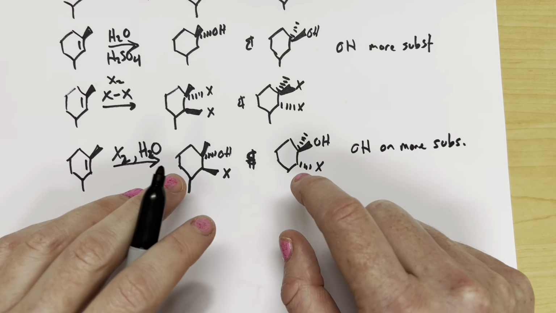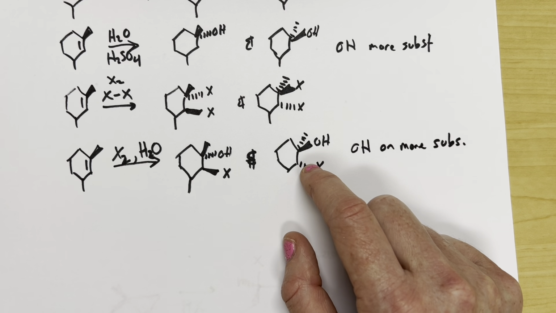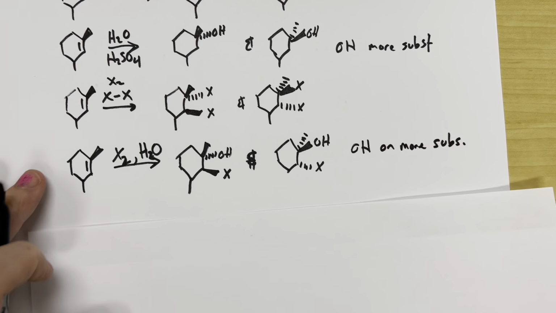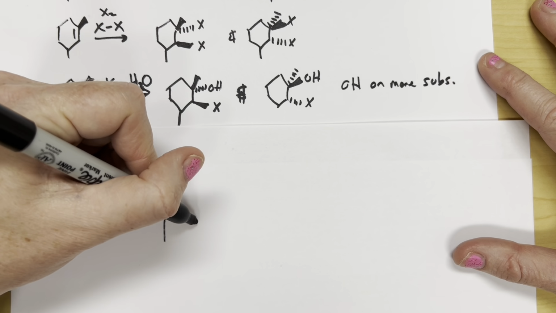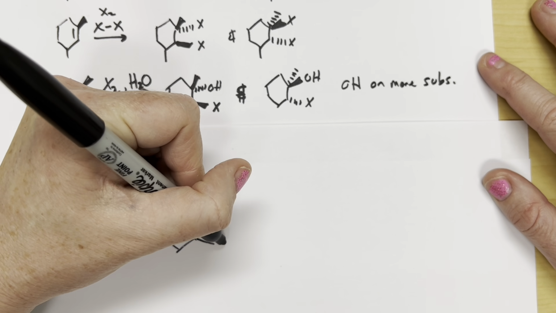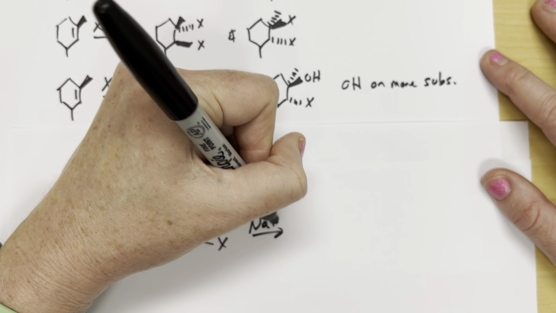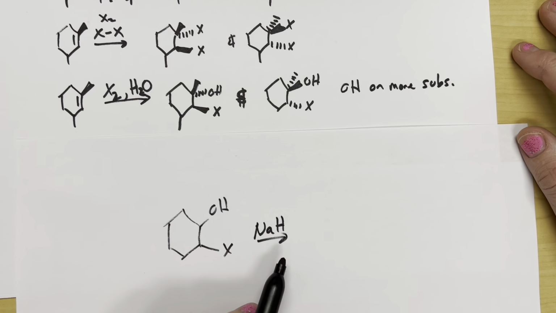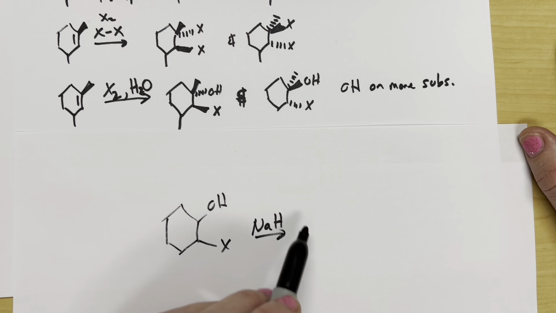I like this because if you remember, this is a precursor to an epoxide. So for example, just because we're on it, if you have these things, and you've got an OH and an X, and you react it with like NaH, or you could also do NH2 negative.